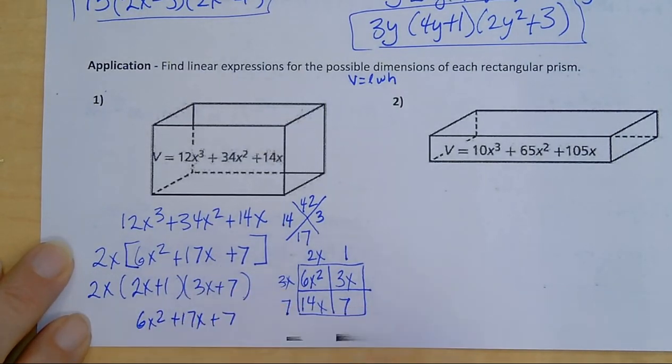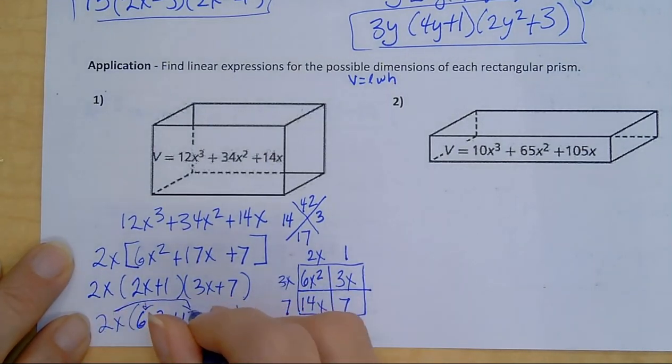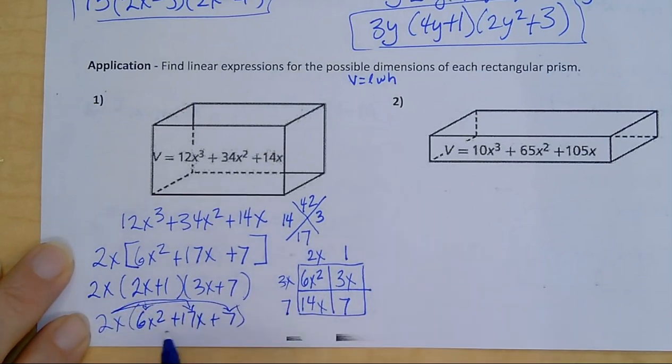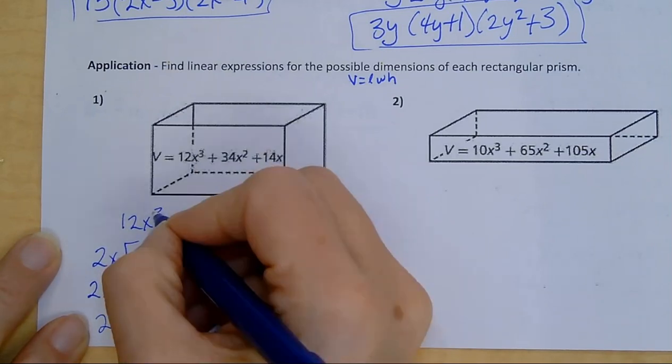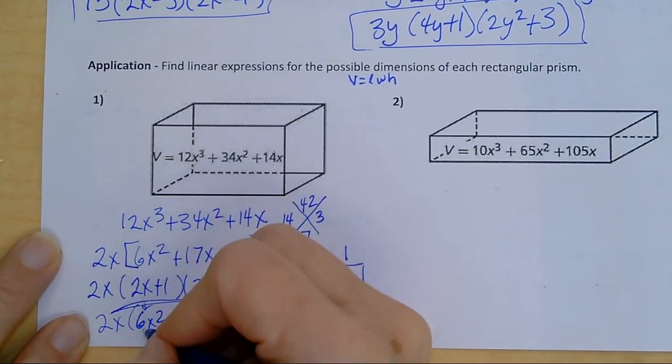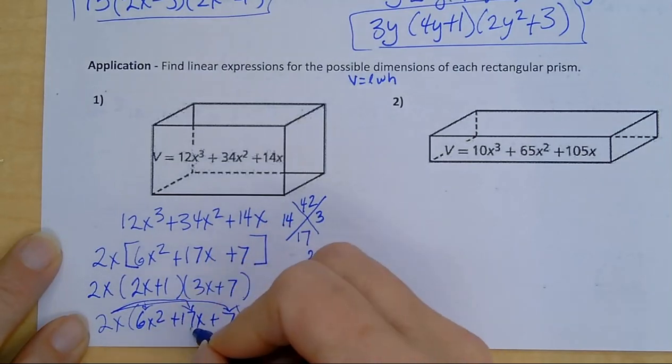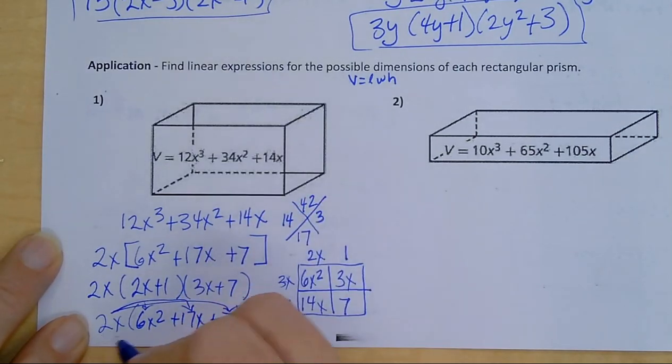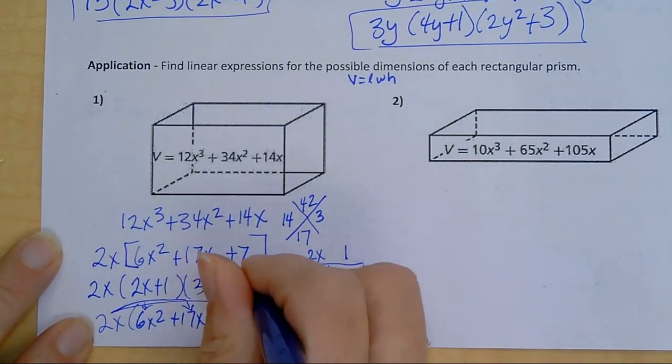Now I'm going to multiply out that 2x using the distributive property. This is me checking. 2x times 6x squared is 12x cubed. 2x times 17x is 34x squared. 2x times 7 is 14x. It sure looks like I worked that out okay.